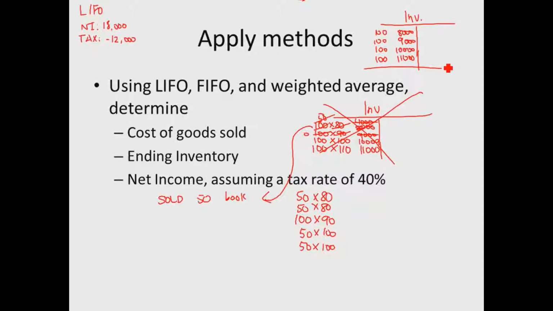So if the first ones are the first out, which ones are still here? The last ones are still here. So we've got these books sitting here. We have 100 books. So what must my cost of goods sold have been?